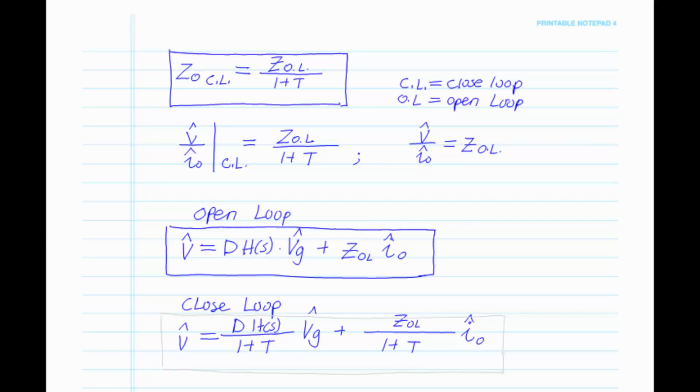We're also going to get into the error amp design, where we went through some of the pole zeros, but we're actually going to use it now. And also we need an expression for transferring the duty cycle to the error amp output.